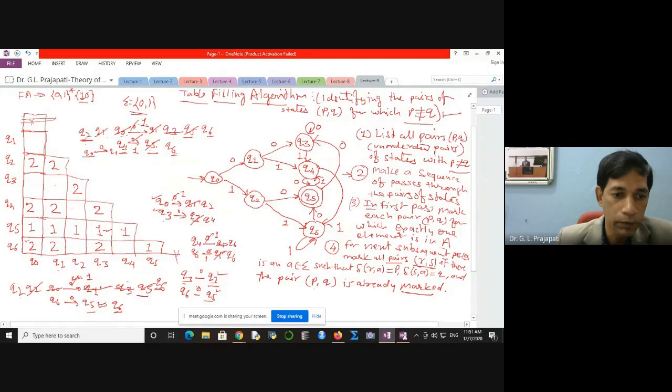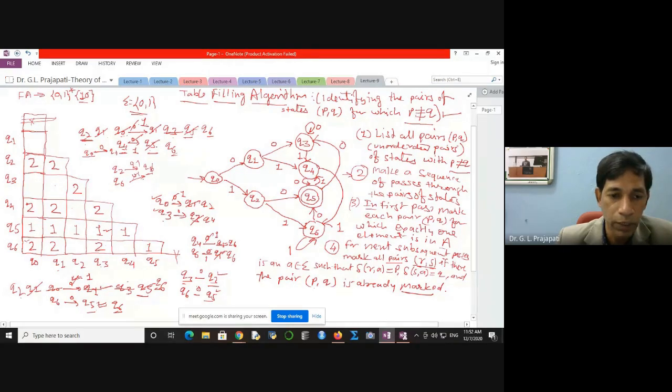If you are at Q2 and you have 0, you go to Q5. From Q6 with 0, again you go to Q5. For 1, if you are at Q2 getting 1, you go to Q6, and if you are at Q6 getting 1, you are again at Q6. So for 1 also, you go to Q6 in both cases. So Q2 and Q6 you cannot mark.